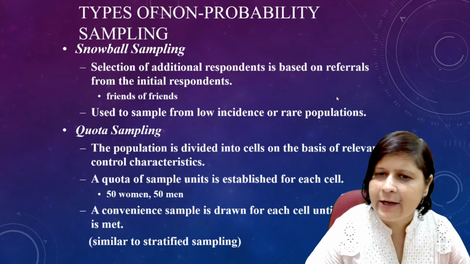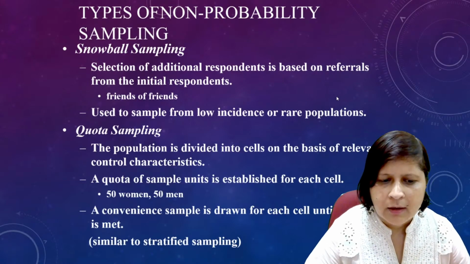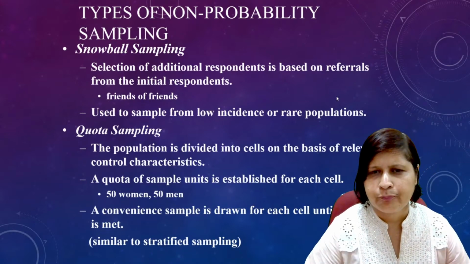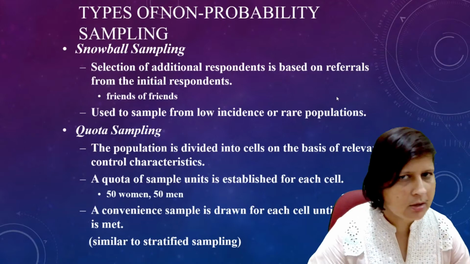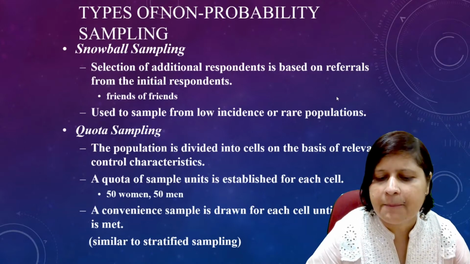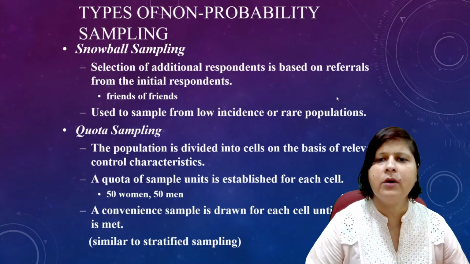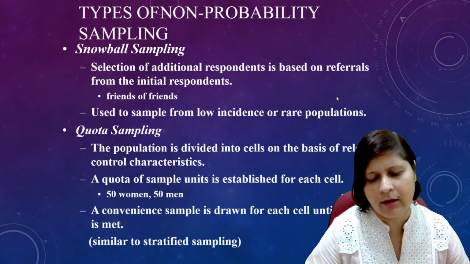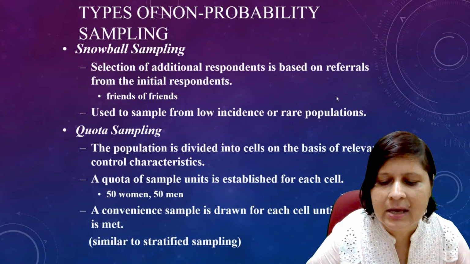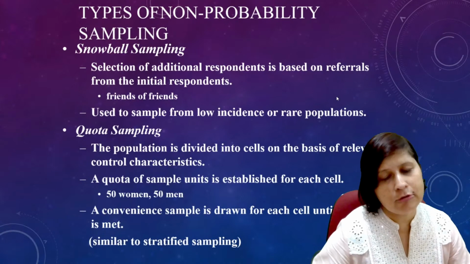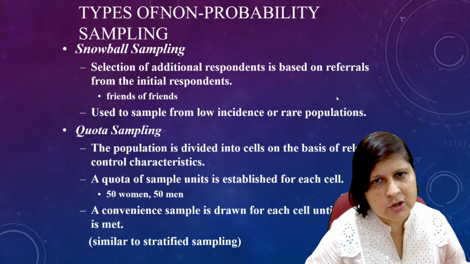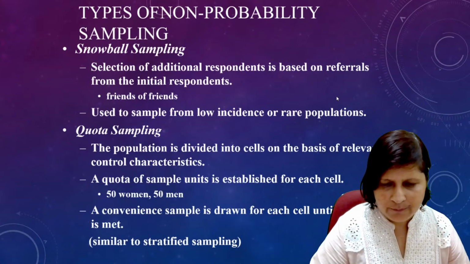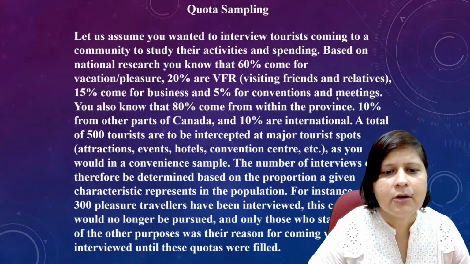Suppose the population is divided into categories on the basis of relevant characteristics: male, female, smokers, non-smokers, drinkers, non-drinkers, and a quota of sample units is established for each cell. I want 100 samples for drinkers and 100 for non-drinkers, and a convenience sample is drawn from each cell until the quota is met. I'll search for drinkers or non-drinkers until my sample size is met, right? That is quota sampling.